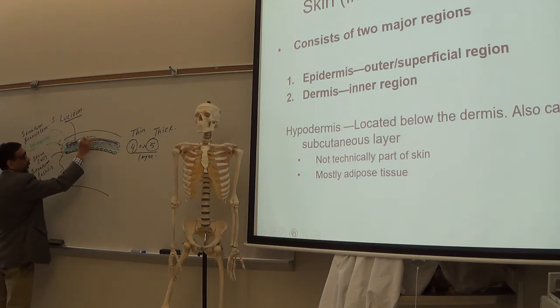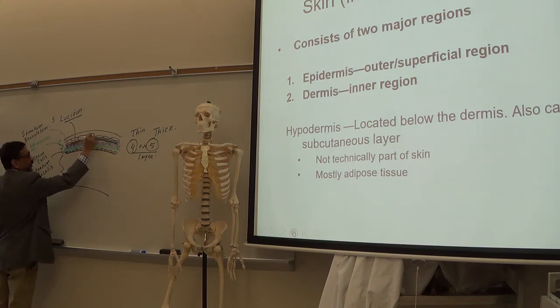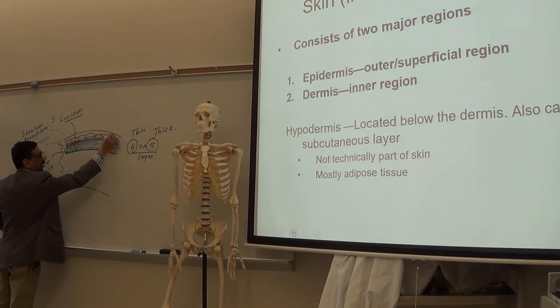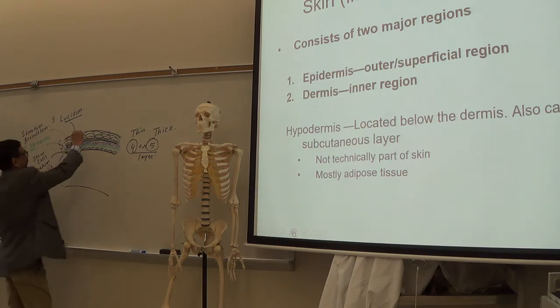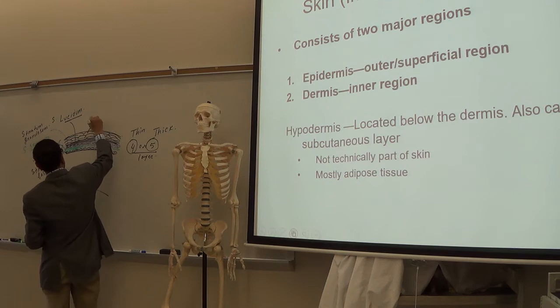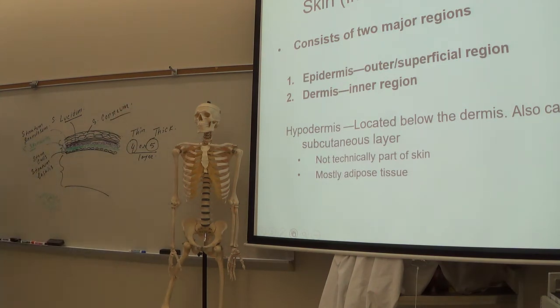Many layers of squamous cells, flat cells, called stratum corneum. So it is actually stratified squamous. Many layers of flat cells like this. You see? So this is outermost layer of the epidermis called stratum corneum.